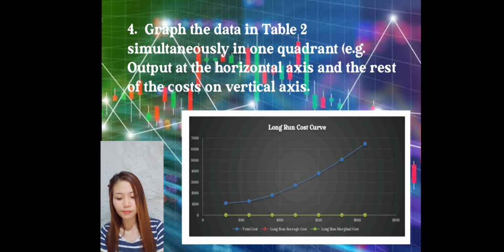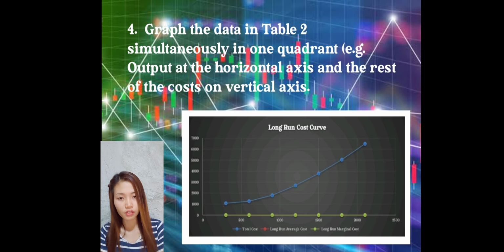Question number 4. Graph the data in Table 2 simultaneously in one quadrant. For example, output on the horizontal axis and the rest of the cost on the vertical axis. Just like in question number 2, in graphing the long run cost, output is on the horizontal axis and the rest, like labor, capital, total cost, long run average cost, and long run marginal cost, are on the vertical axis.